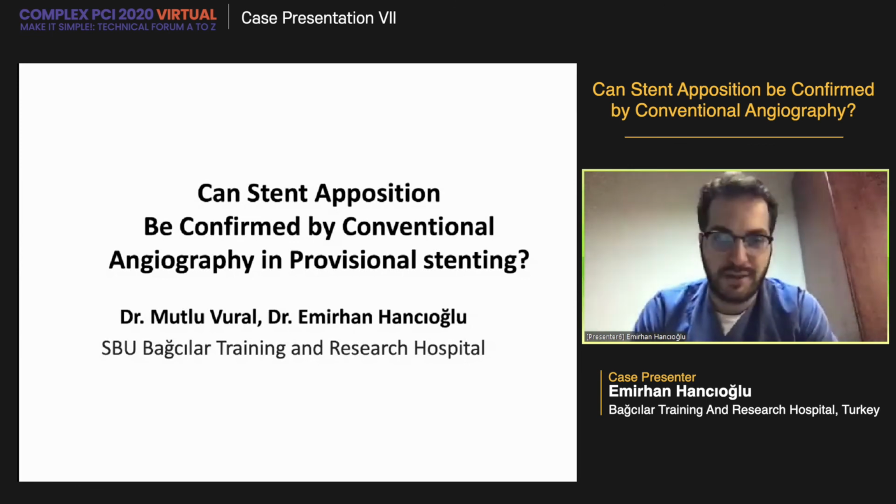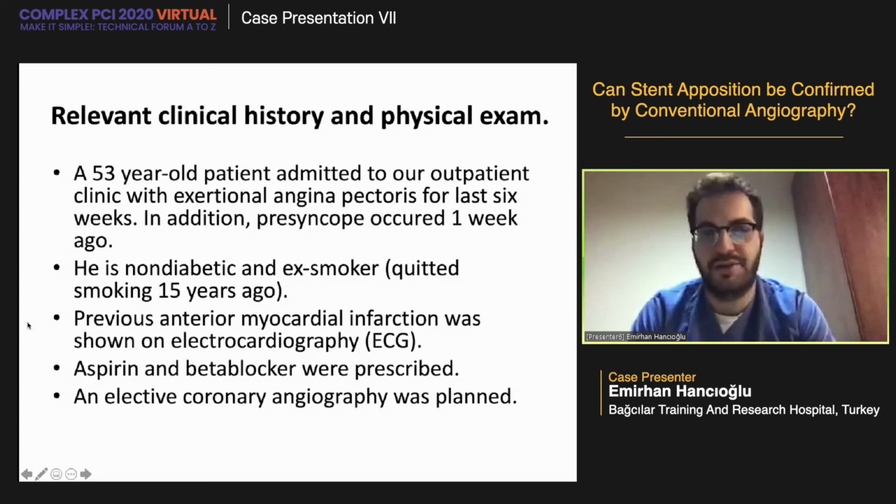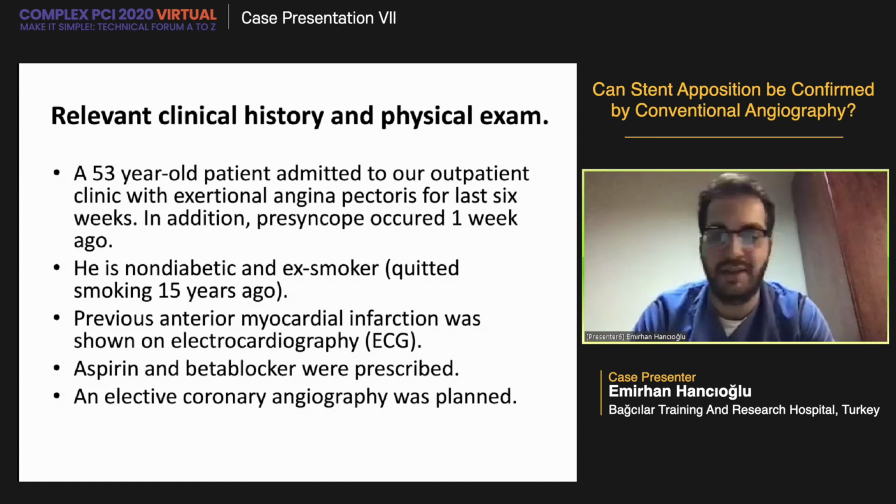So we have a 53-year-old patient admitted to our outpatient clinic with exertional angina pectoris for the last 6 weeks. In addition, 1 week before admission, he had a presyncope history.